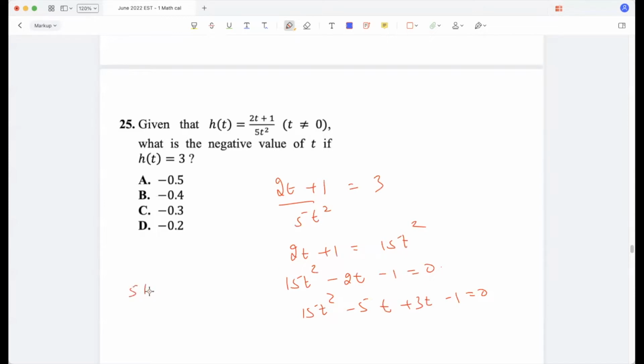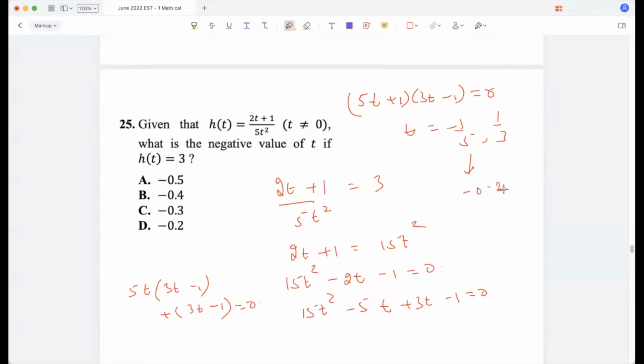So 5t common, 3t minus 1 plus 3t minus 1 is 0. So 5t plus 1 into 3t minus 1 is 0. So t is minus 1 by 5 or 1 by 3. So the negative value is minus 0.2.